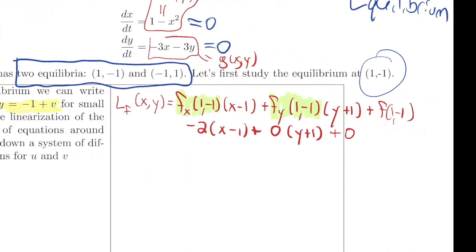So I evaluate my partial derivatives at (1, -1). I evaluate the function at (1, -1).